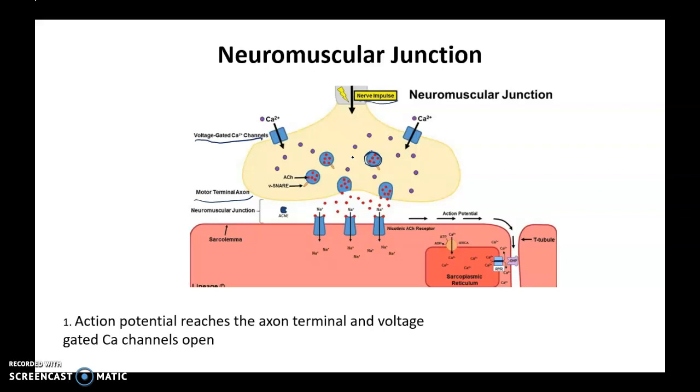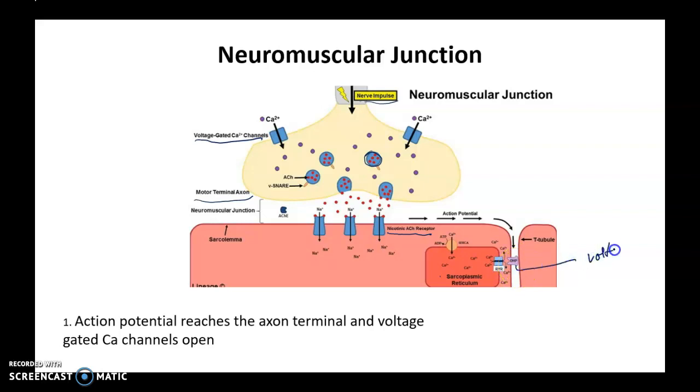We see ligand-gated acetylcholine receptors. In here, they are called nicotinic acetylcholine receptors. They're the same thing as ligand-gated sodium channels. We also see the sarcoplasmic reticulum in red here. And we see the DHP receptors. Do you see the DHP receptors?